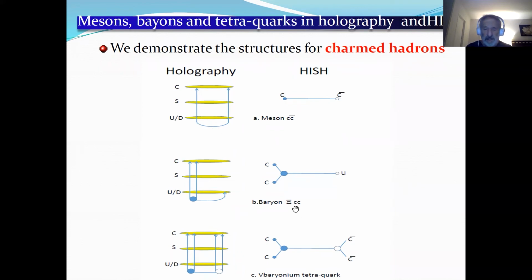And for instance Xi_cc, it will be a diquark here and a quark, and these are the two C's. Now, in a similar way, you can take this construction and add its mirror to it. So we take an anti-baryonic vertex and an anti-diquark and put them together. The question is whether this configuration, which will be a two-quark, two-antiquark configuration, can be detected.